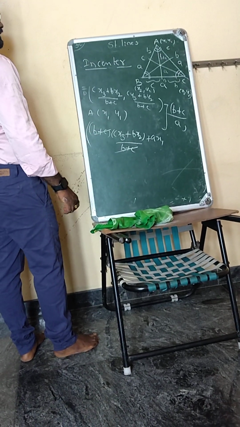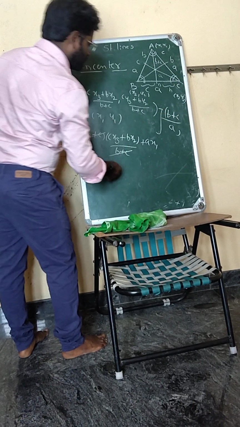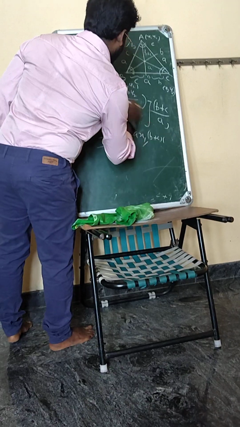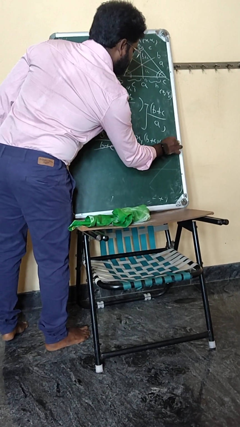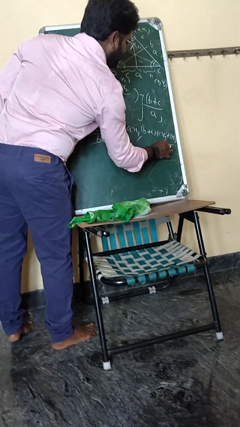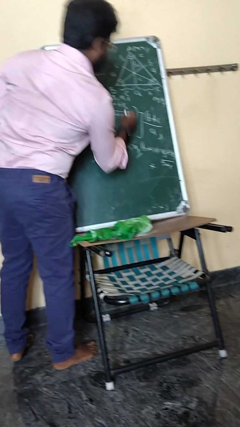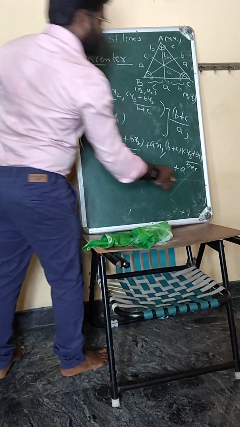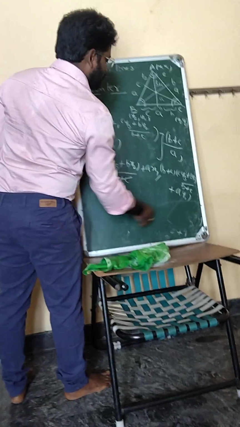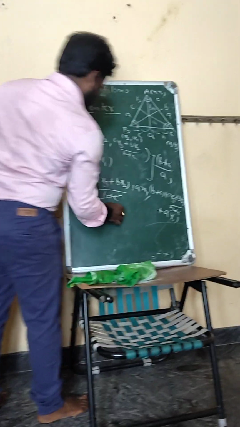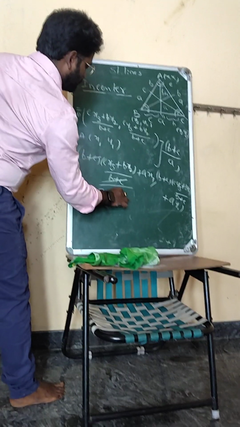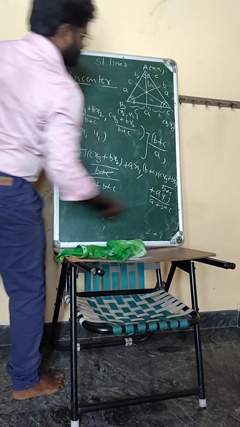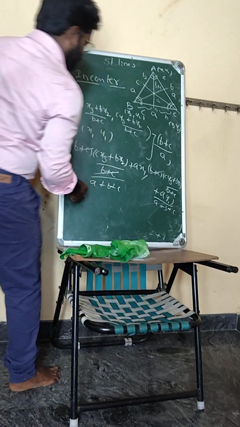b plus c are common. Same, x series also same. b plus c into (c y3 plus b y2) divided by b plus c, plus a y1. Here divide by a plus b plus c. b plus c are cancelled.